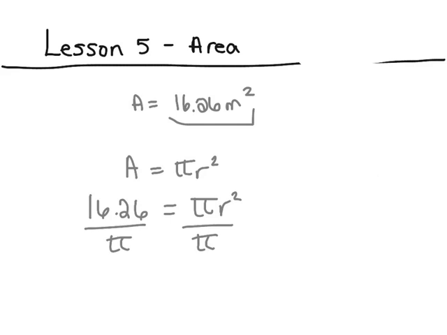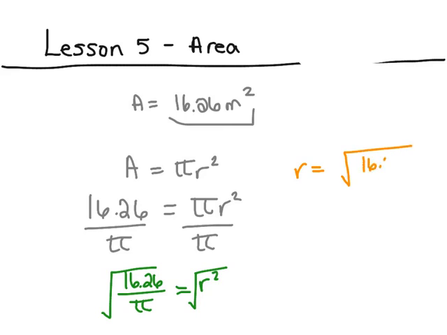And because this is going to have a lot of decimals, I'm just going to save it till our very last step to type this into my calculator. Since this is an r squared, to get r by itself, we want to square root. So what we're going to type into our calculator to find r is the square root of 16.26 divided by pi. So you would type 16.26 divided by the pi button equals, and you should get 5.1757, a whole bunch of decimals.